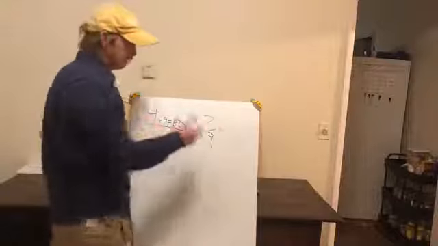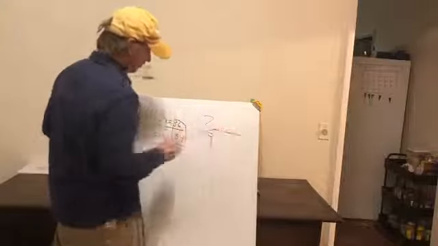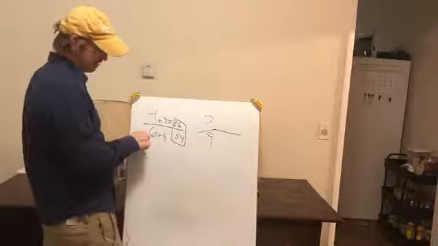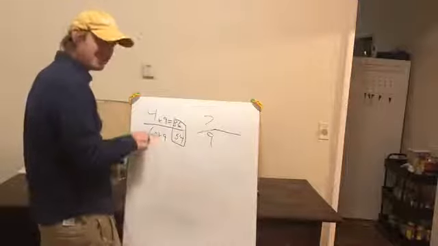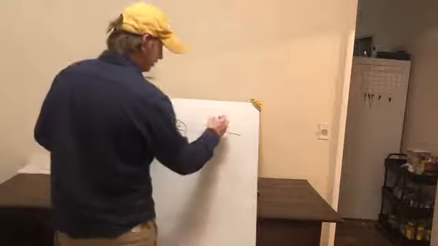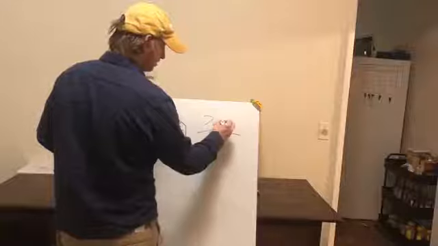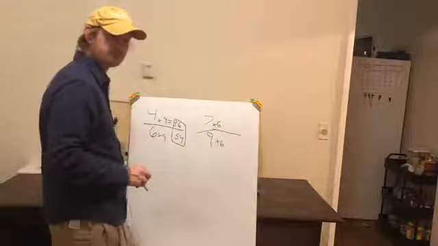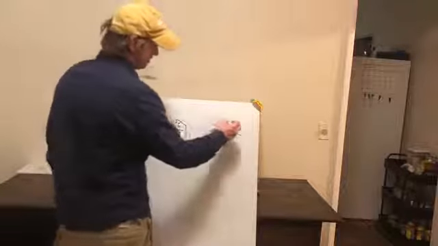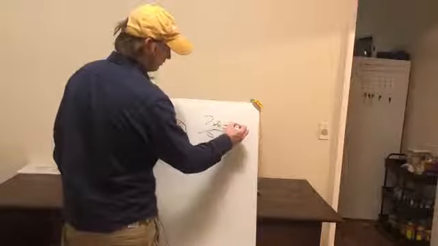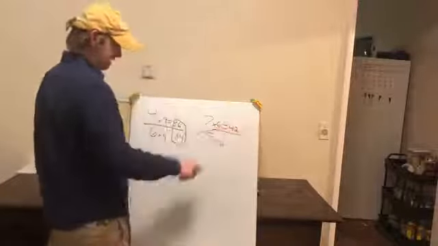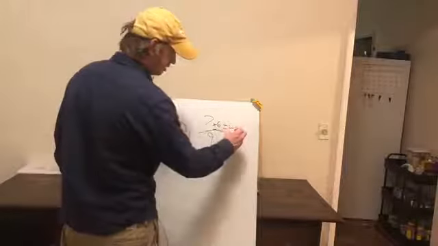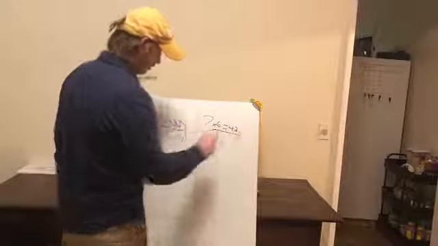So now we do the same thing over there. We have 7/9, and I multiply both sides by 6, the opposite denominator. So 7 times 6 and 9 times 6. Well, 7 times 6 is 42, and 9 times 6 is 54.